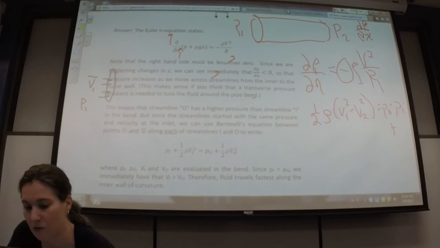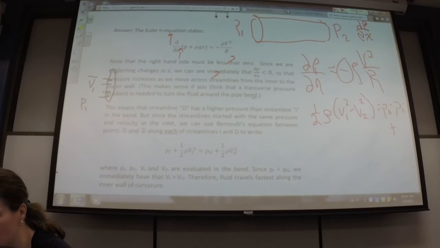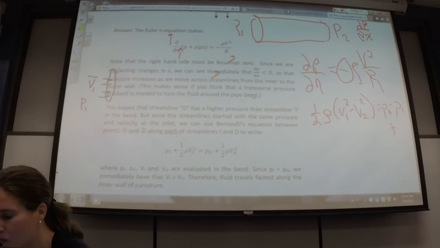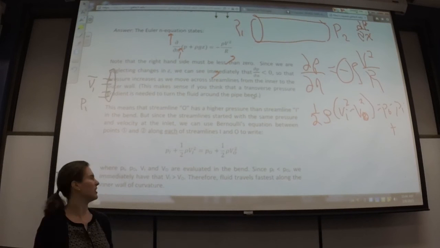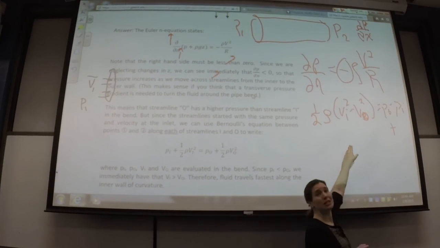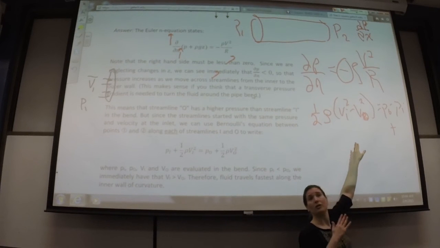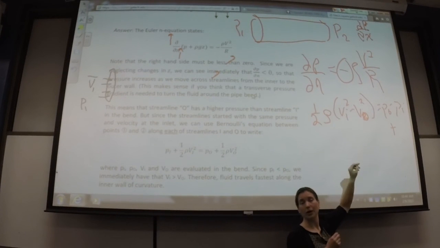Then that means that, I keep doing 1 and 2. That's really misleading. It should be P in minus P out. So our inner velocity is going to have to be greater than our outer velocity. Okay.